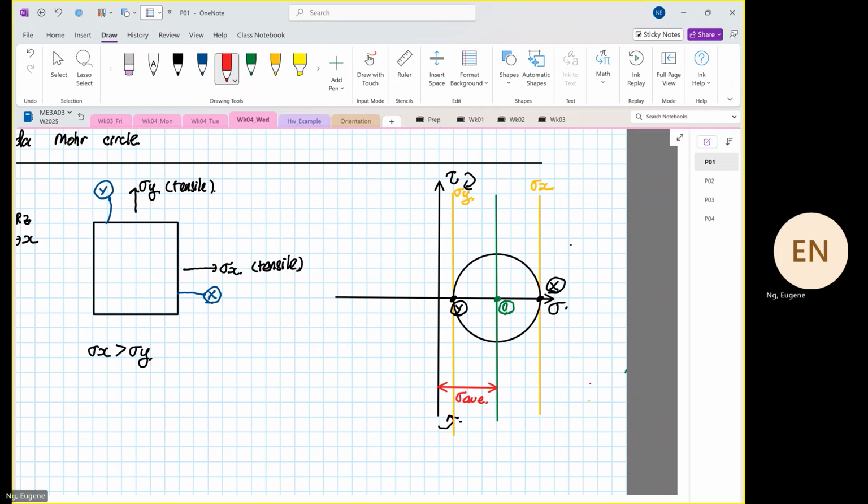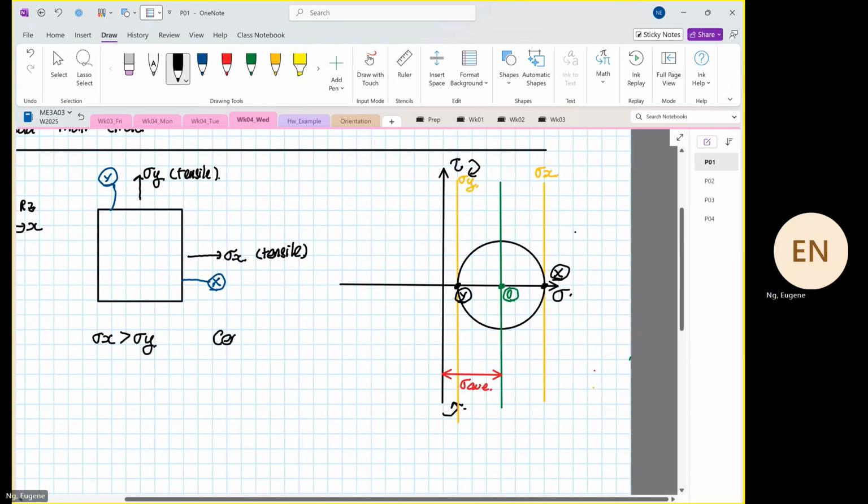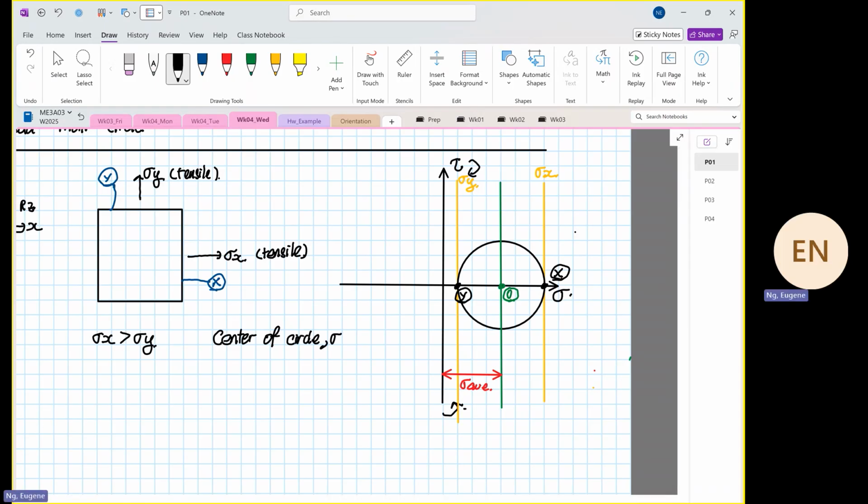Okay. So the first formula that you learn, which is known as the center of the circle, also known as your stress average, will be equal to stress X plus stress Y divided by what? Divided by 2. Okay.